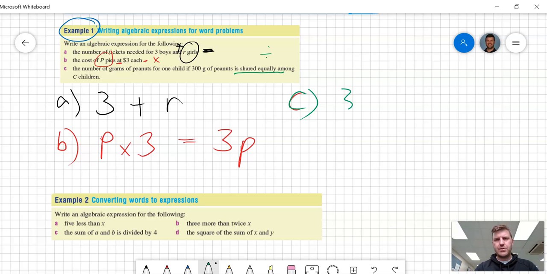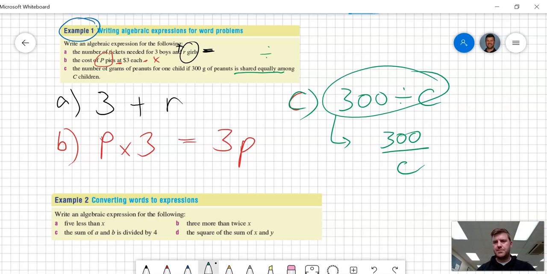So it's 300 grams of peanuts shared equally or divided by C. C is the variable to represent the amount of children. Algebraically, again, we would write this as a fraction. So 300 over C rather than 300 divided by C like this. Okay, so this is how you write an algebraic expression based on that sentence for example 1c.